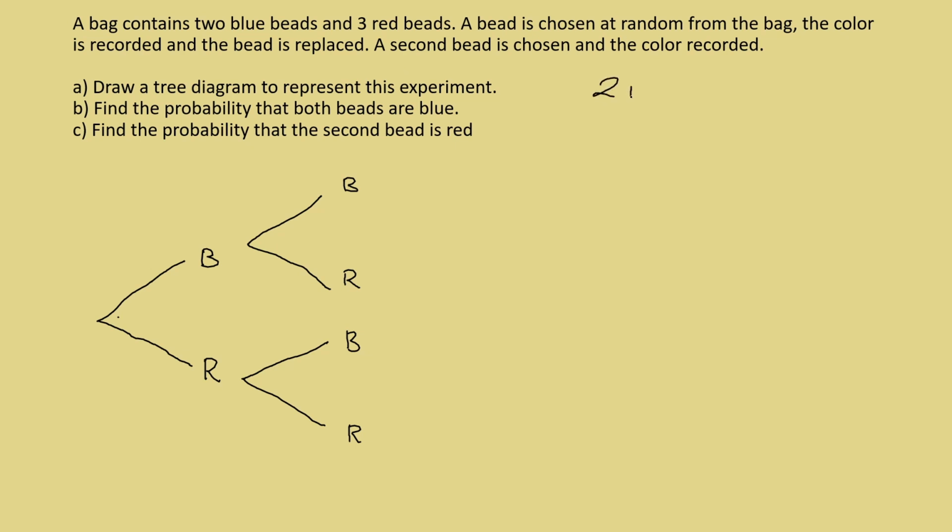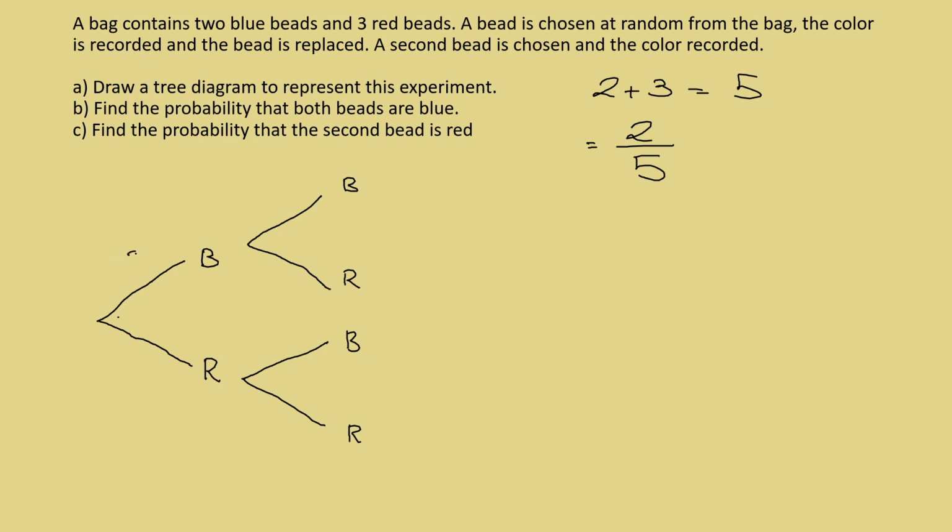Therefore 2 plus 3 is equal to 5. So we have 5 beads in total. And then it says we have 2 blue beads, okay? Therefore, the probability of getting a blue bead when chosen at first is going to be the amount of blue beads over the total amount of beads that we have. So 2 over 5, okay?